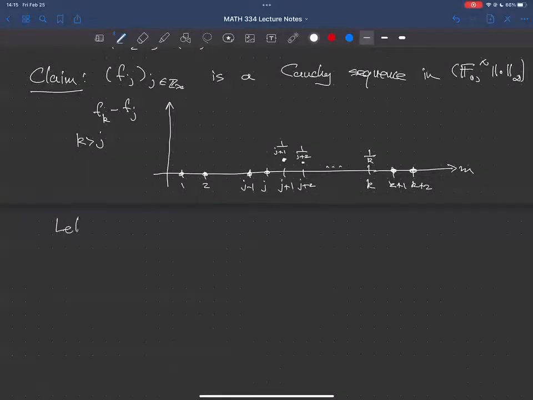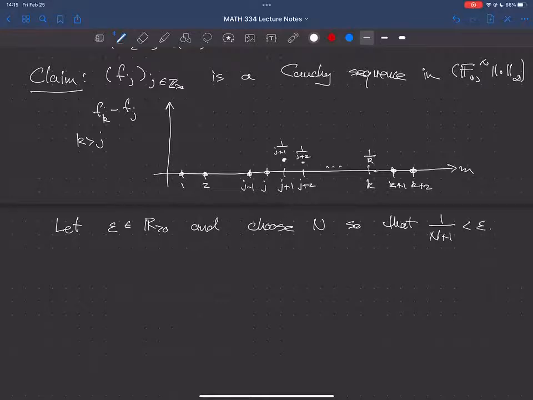Okay, so let epsilon be positive and choose n so that 1 over n plus 1 is less than epsilon.